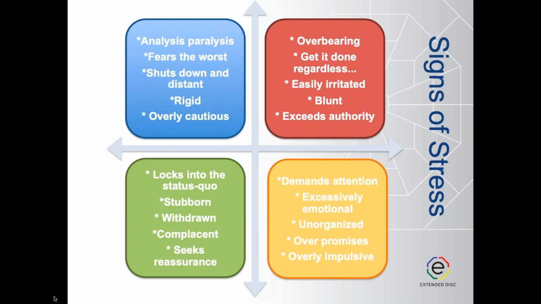Focus on the end point. She can become easily irritated. She again, that indecisiveness, what she perceives as inefficiency, can irritate her, and she will show that. And because she is a more task-oriented than a people-oriented style, she might not take into consideration the emotions and feelings of her team members, so she comes across as blunt.